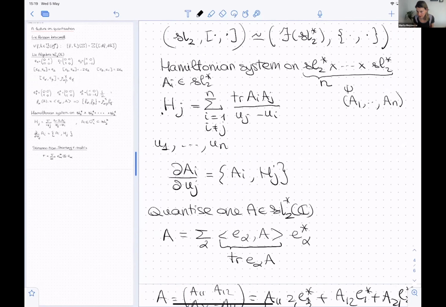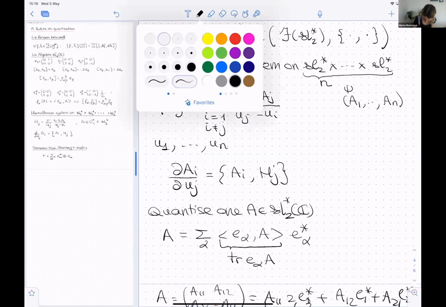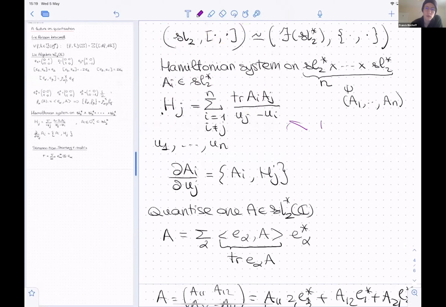But if you find it difficult to think about a system with many times, just think about fixing u_0, u_1 to be 0, u_2 to be 1, u_3 to be 1 time, and all the others don't exist, so n equal to 3, and only one Hamiltonian, so we only have H_3, okay?